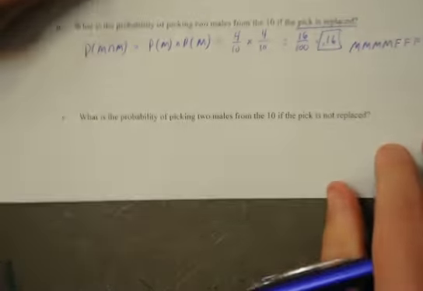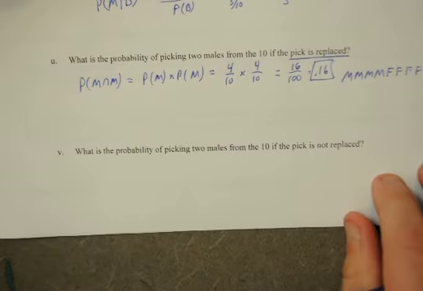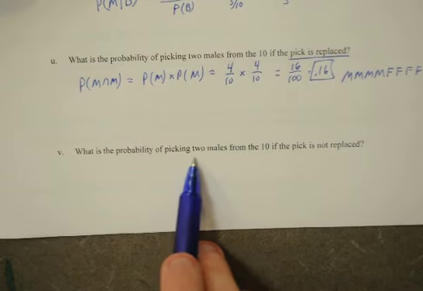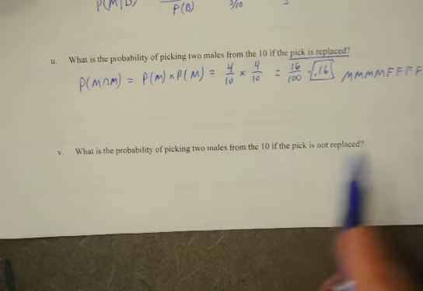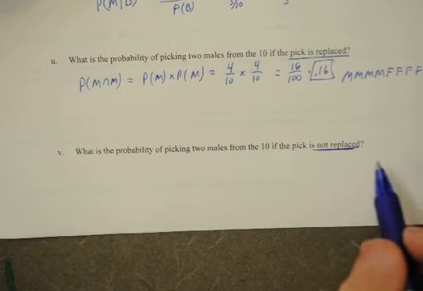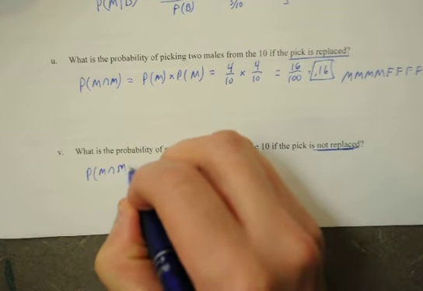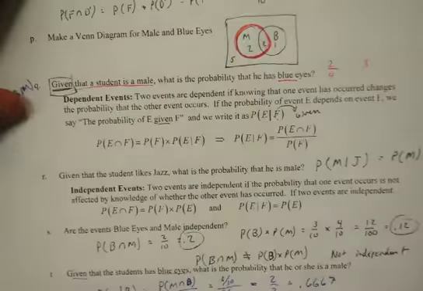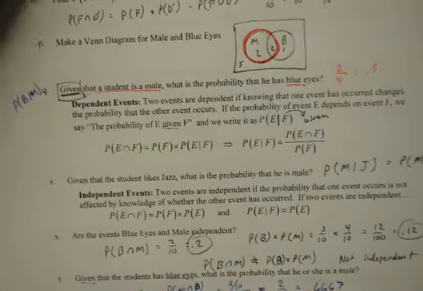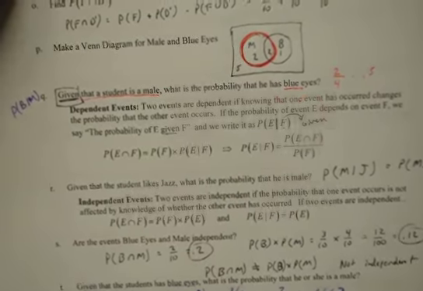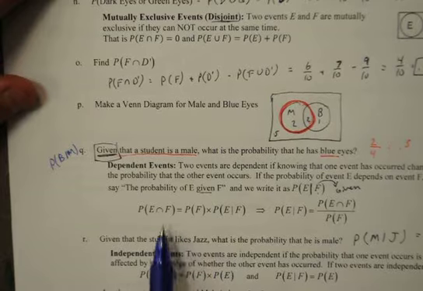Alright, now this next one changes. What's the probability of picking 2 males if it is not replaced? So now you have to use this equation.